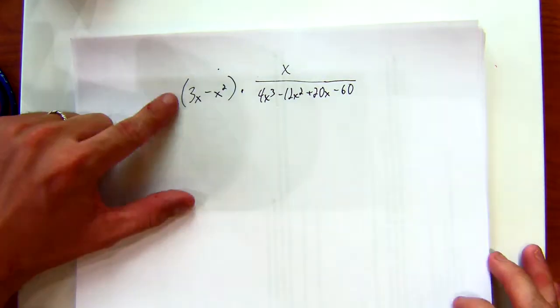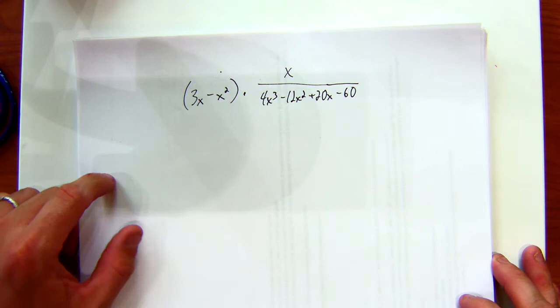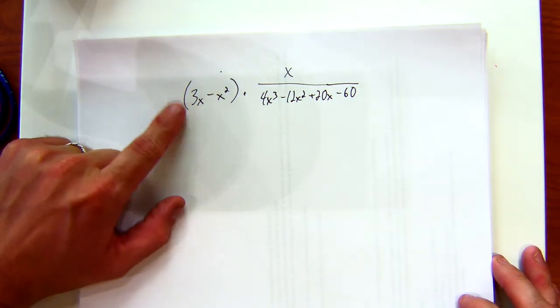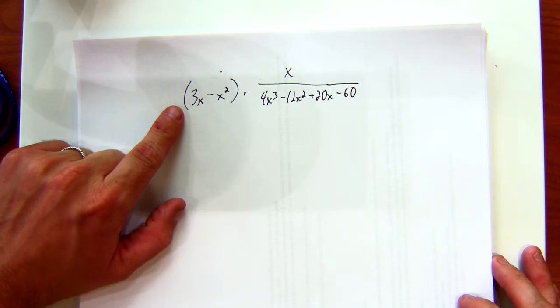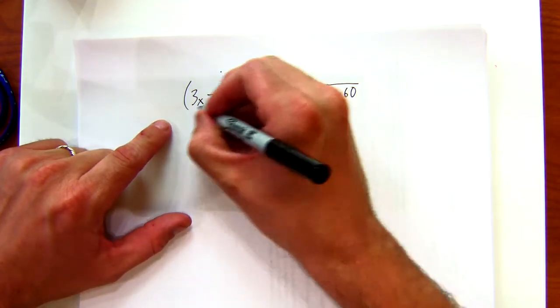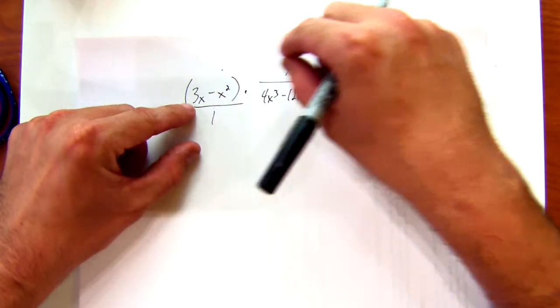So notice in the first term here, it's not quite a rational expression, but how could I make this a fraction? Yeah, just put it over 1. So I can rewrite this as over 1. Now I can multiply straight across the top.